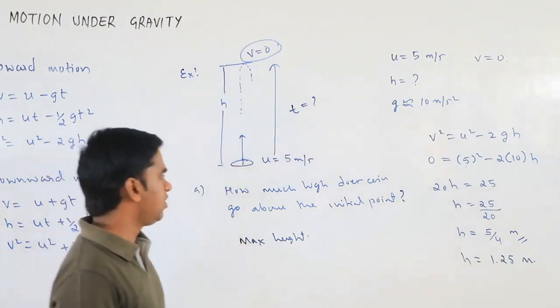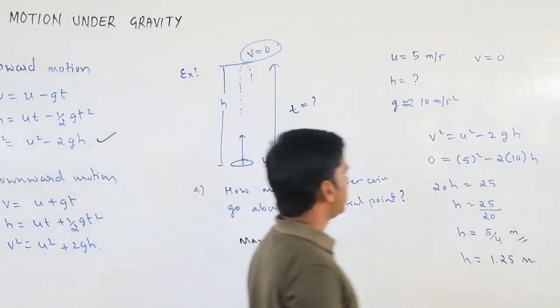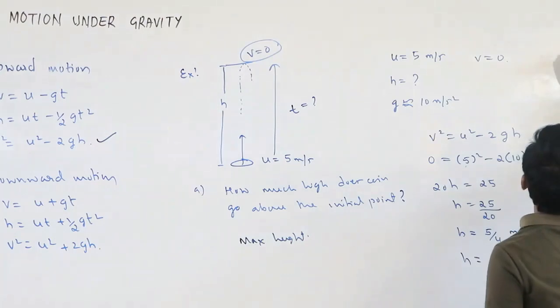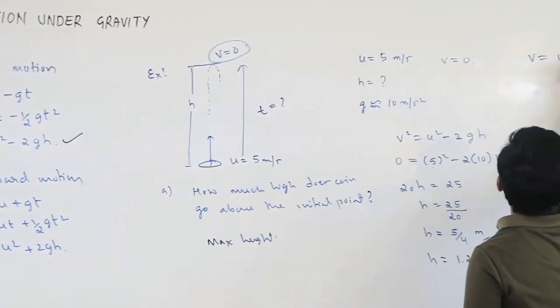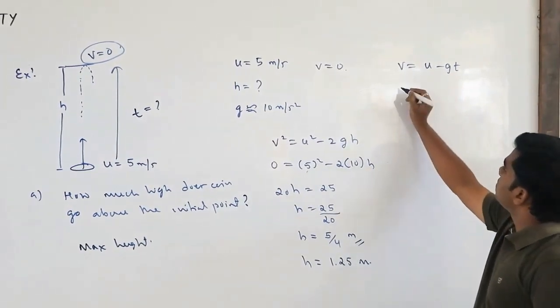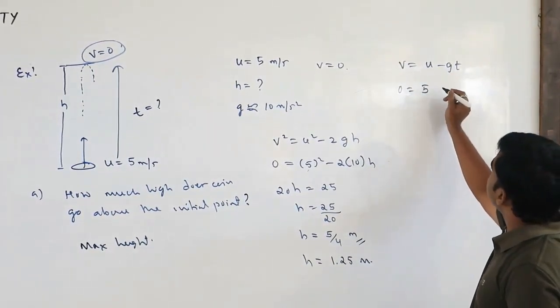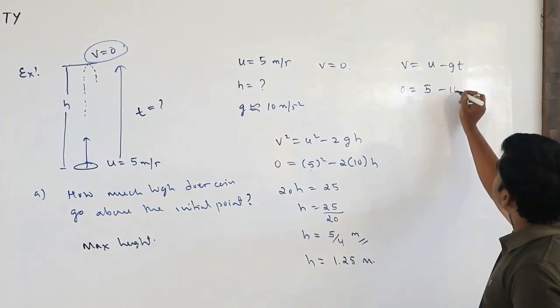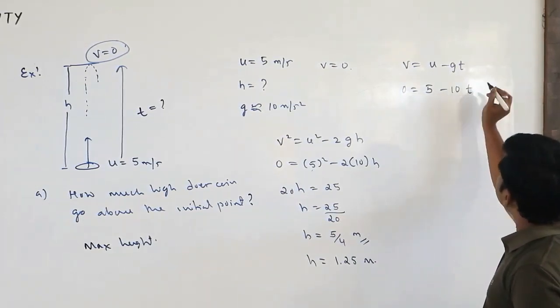So for that, which equation can you use? You can use the equation V equals U minus gt directly. You know V is 0, U is 5, minus g is 10, t you have to find.